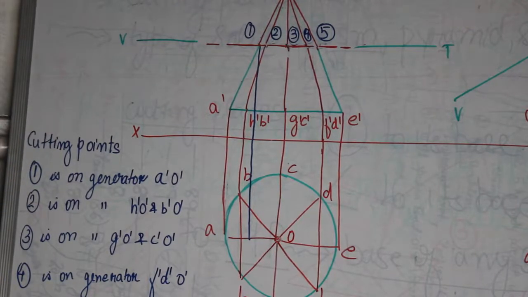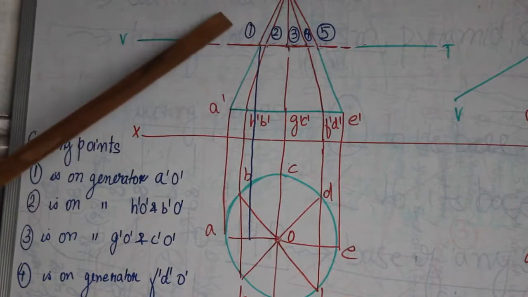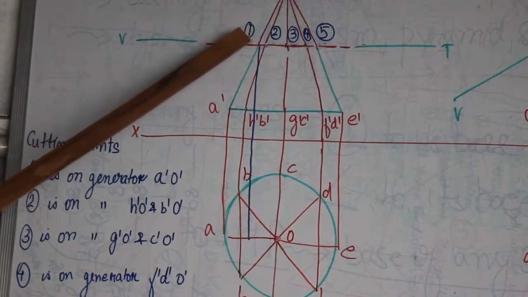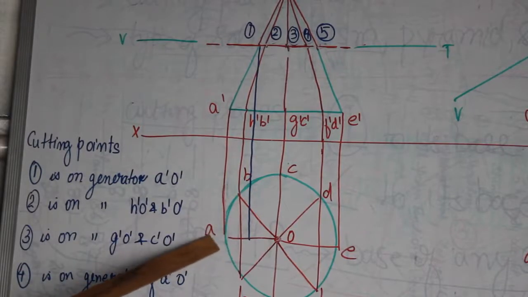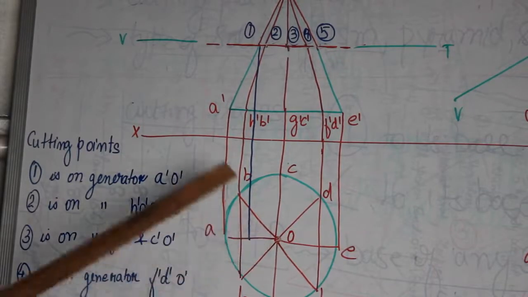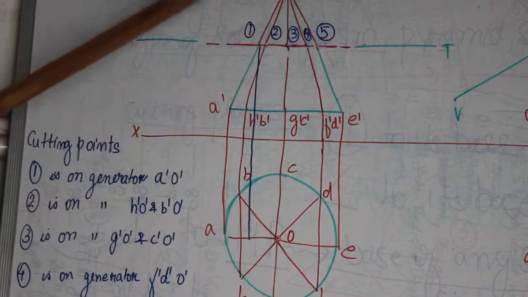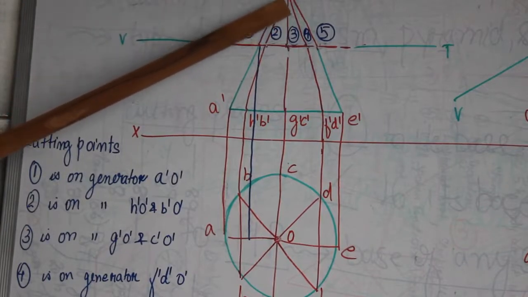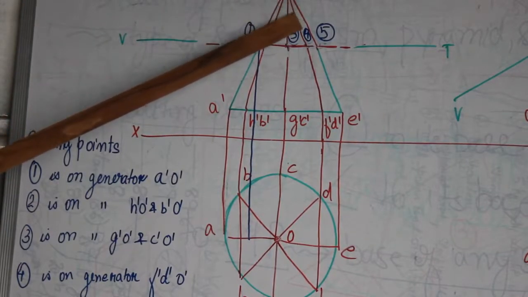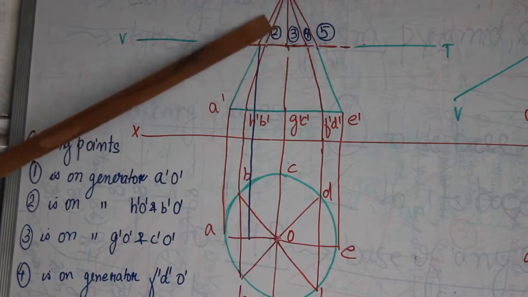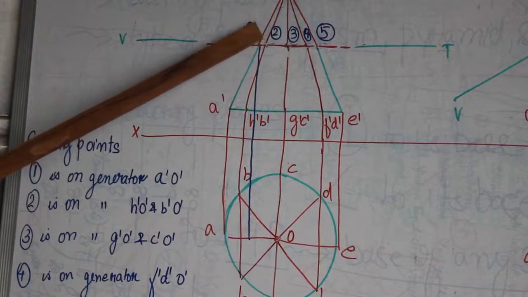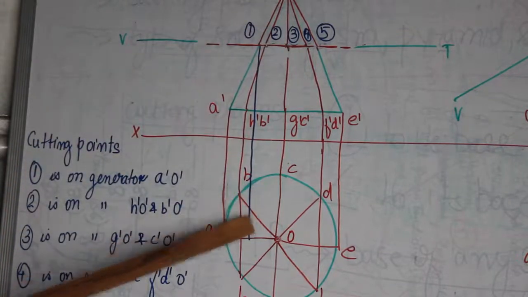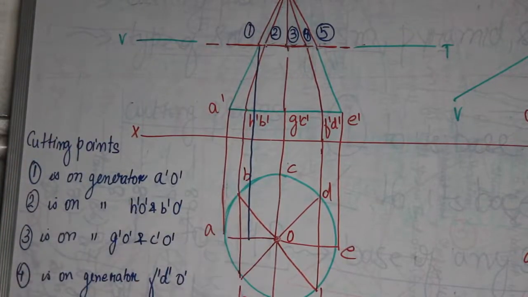Like this, as I was telling you, from cutting point 1 I've dropped a projection onto the generator AO in the top view. Likewise, from cutting point 2, from cutting point 3, from cutting points 4 and 5, we'll drop the straight line projection starting from this point to the respective generators in the top view.